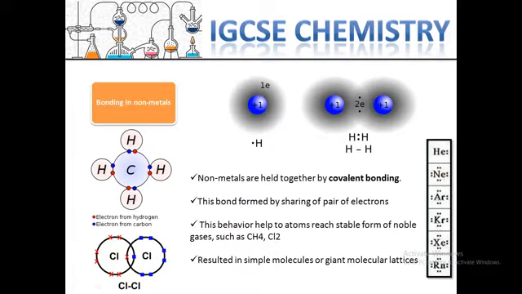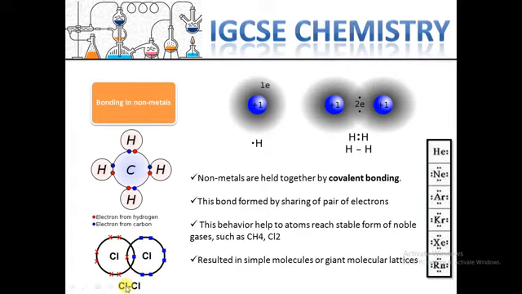Another example I put here is chlorine, a colored gas. Chlorine has 7 electrons at the outer shell, like this one, the red color. Okay, so how many electrons does chlorine need to reach 8 electrons to fill the outer shell? 1 electron.